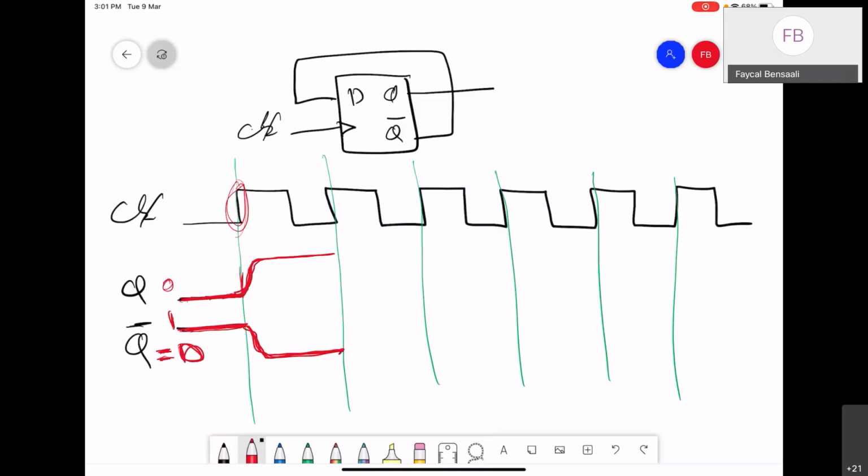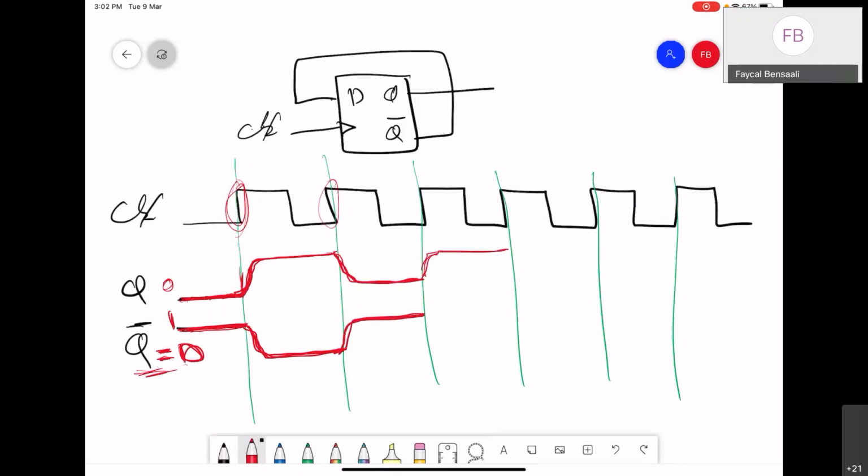At the next rising edge, D, which is equal to Q bar, is 0, so Q goes to 0 and at the same time Q bar goes to 1, because this is how a D flip-flop works. Q bar is the opposite of Q, and we continue like that.